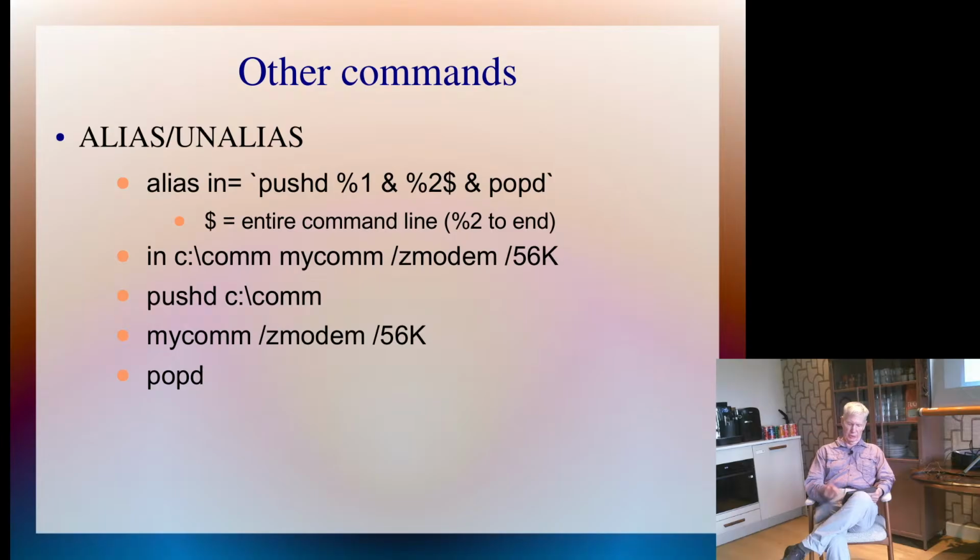But then the second %2 with the $ sign after it, it takes all of those pieces and puts them in. So you can get both the command and its command line switches without knowing how many command line switches it's going to have. In other words, it takes from %2 to the end of the line and puts it there. So if I had just Z modem without the 56K, it would work. And if I had a third command line switch on it, it would work.